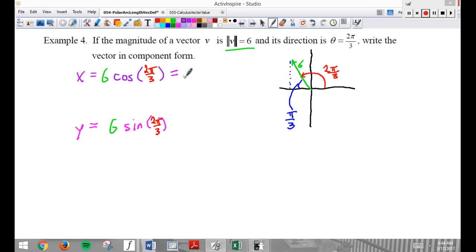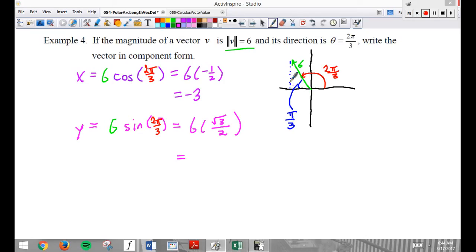Depending on how it's phrased, you might not have to simplify at all. But 6 times cosine of 2 pi over 3 is 6 times negative 1/2, or negative 3. Sine of 2 pi over 3 is root 3 over 2. And the way I have that memorized is not by thinking of the unit circle.